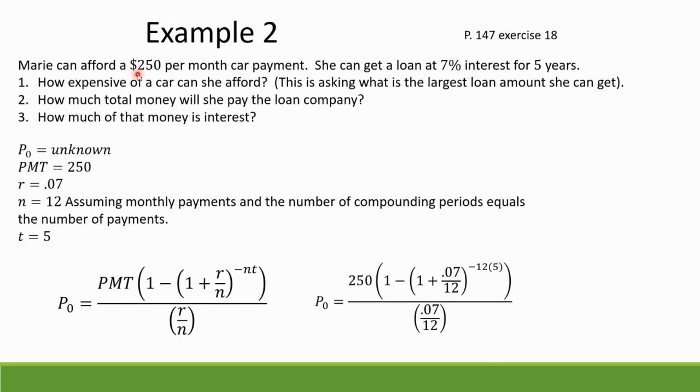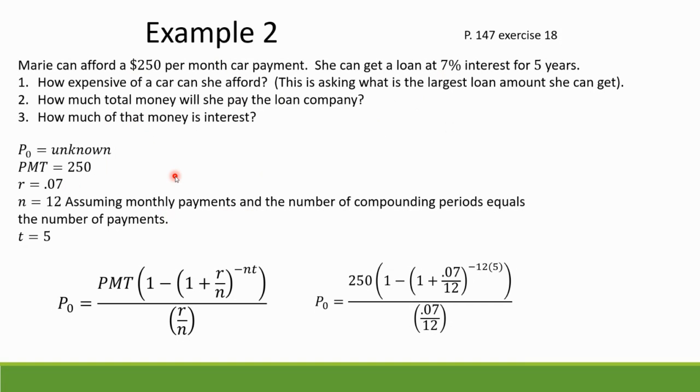We're told that PMT, she's making payments, is $250 a month. The interest, 7%, is 0.07. She's making monthly payments, so that tells us there are 12 compounding periods in a year.